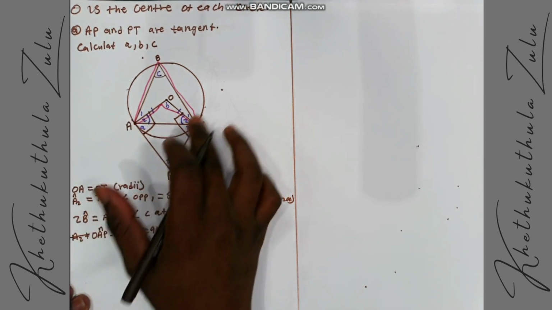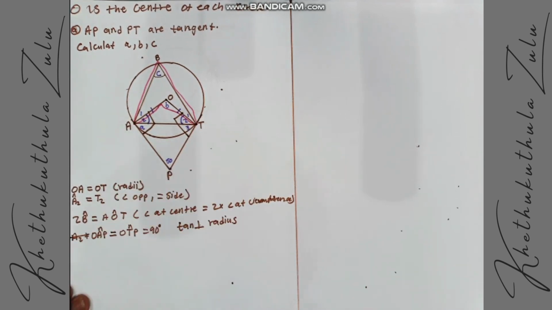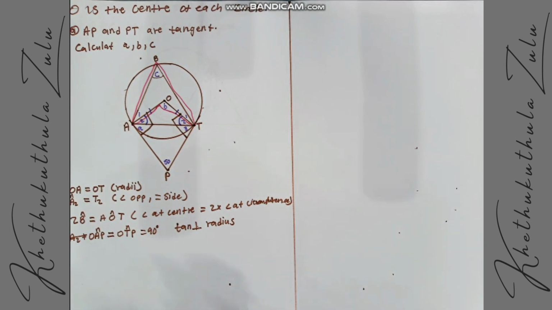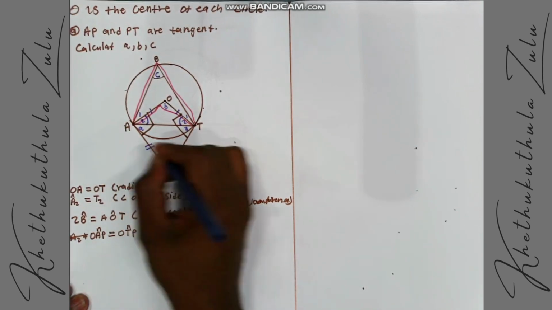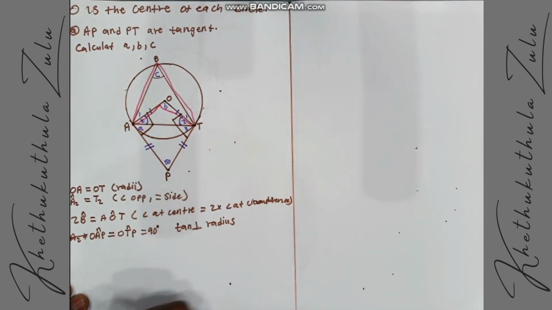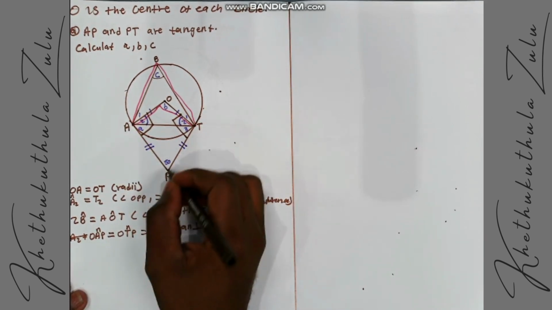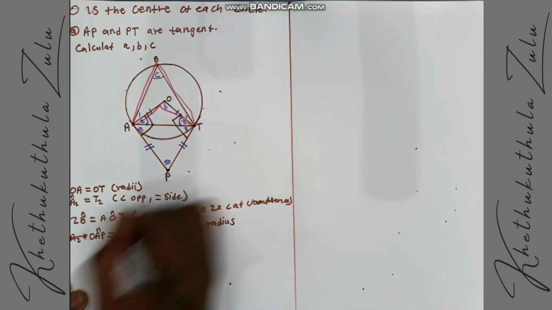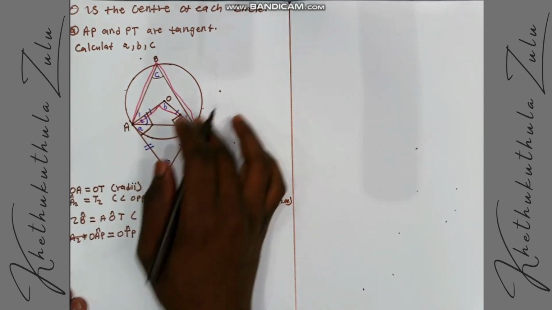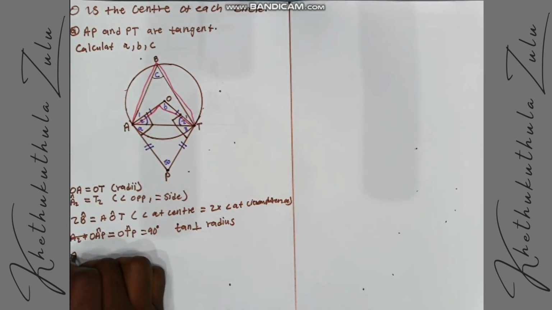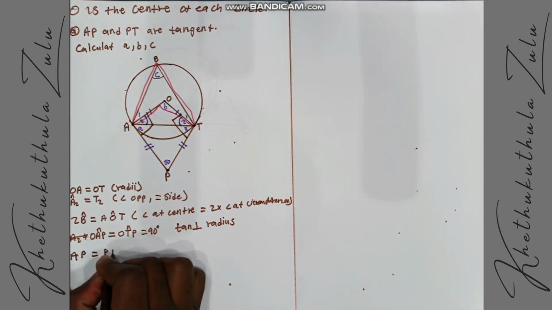So if we have two tangents, now this one is equal to this one. Why? Because these two tangents are touching the same point, so that's why these two are equal. AP is equal to PT.